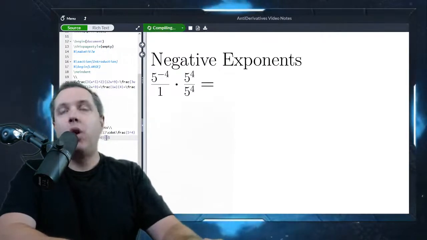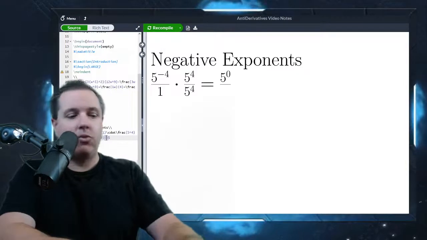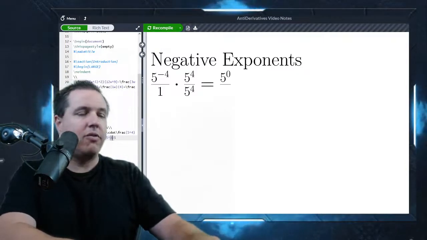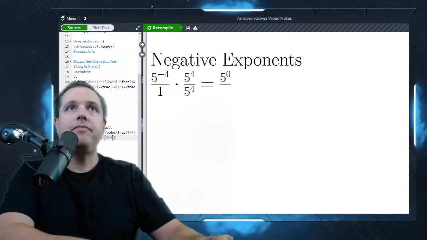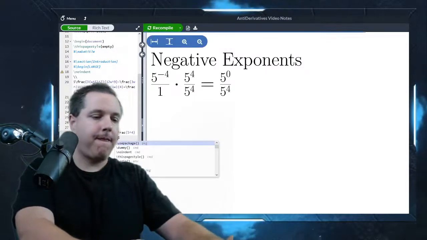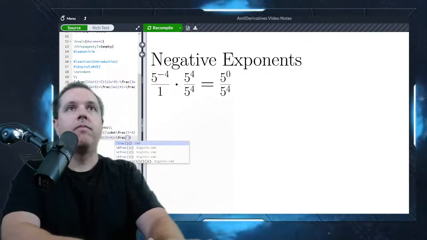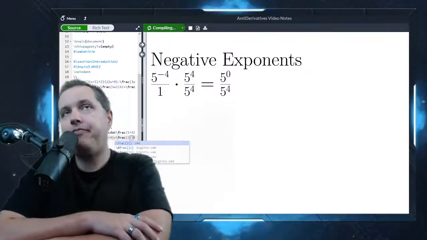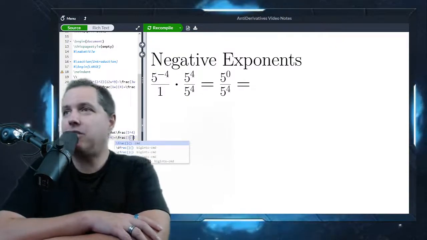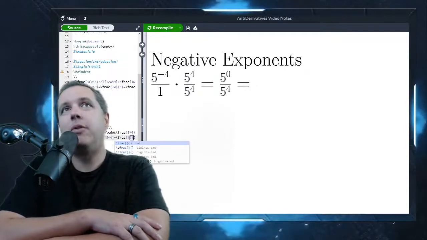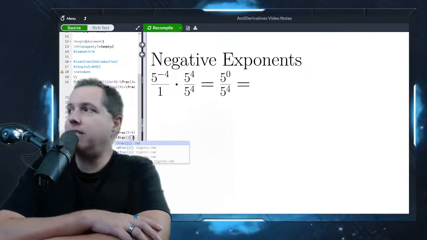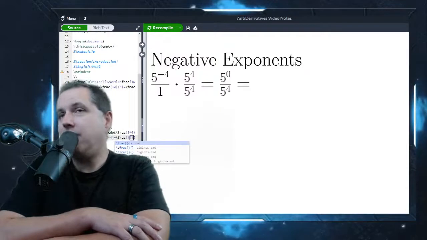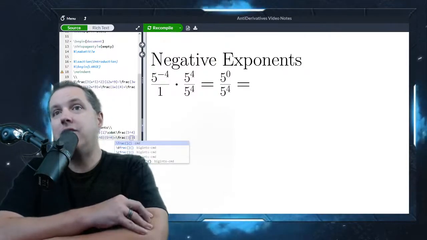And on the bottom, 1 times 5 to the fourth, well, anything times 1 is itself, so that would give us 5 to the fourth. Okay, fair enough. And then what is 5 to the 0? I don't remember if we explicitly talked about this one last time or not, but anything to the 0 power, real easy, it's 1. Anything raised to the 0 power is 1.